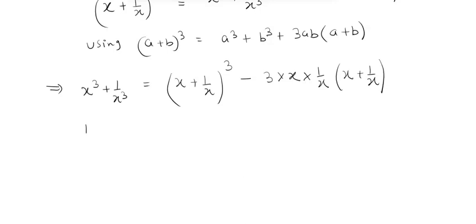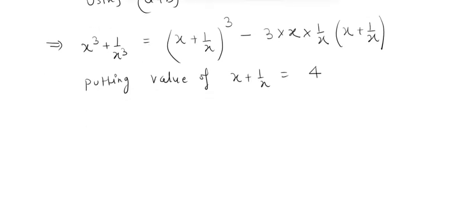Now putting value of x plus 1 by x is equal to 4. So now we will get x cube plus 1 by x cube is equal to 4 cube minus, here x cancel out, so we will get 3 in bracket x plus 1 by x means 4.